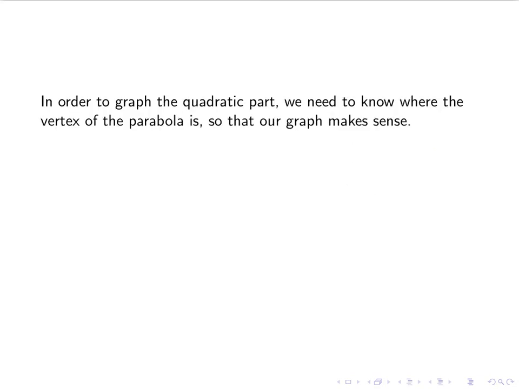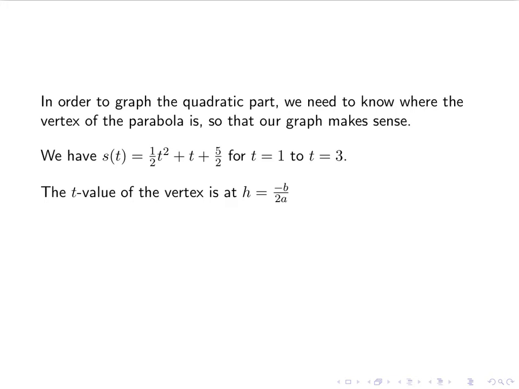Also, like before, we do have a quadratic part. So again, in order for our graph to make sense, we want to figure out where that vertex is. So again, here's our parabola, which goes from 1 to 3. So the t value, in this case, of our vertex is still negative b over 2a.